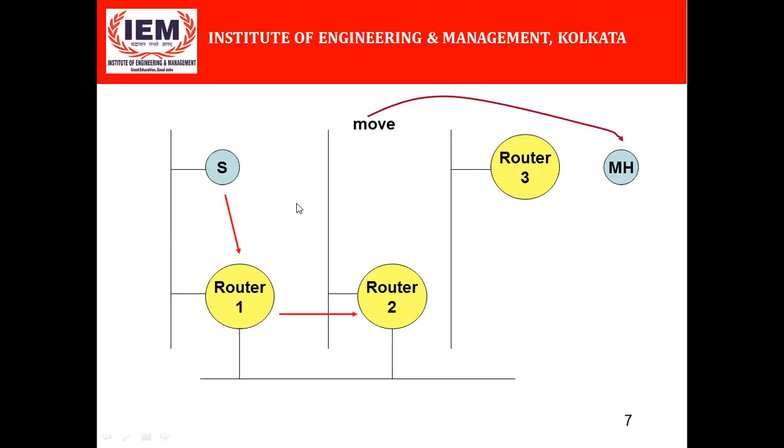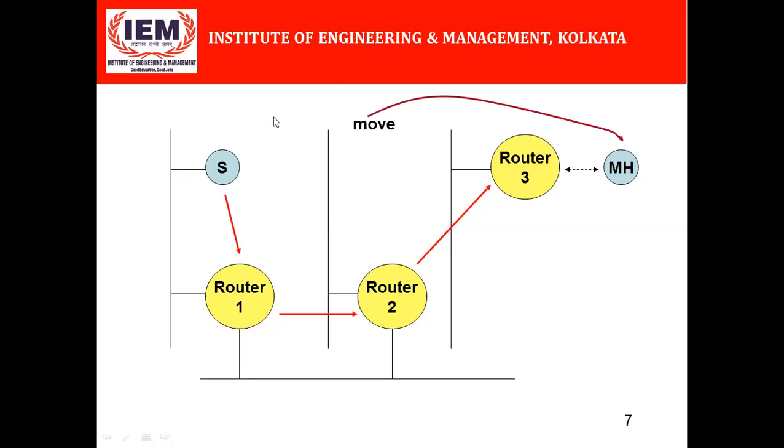Router 1 may communicate with router 2, but when router 2 wants to transmit the information towards the mobile host, it is not so simple like the previous case. So router 2 may transmit the information towards router 3, and router 3 then communicates with the mobile host. In this way, this is the possibility of information transmission from source to mobile host. Okay, so this is the architecture.